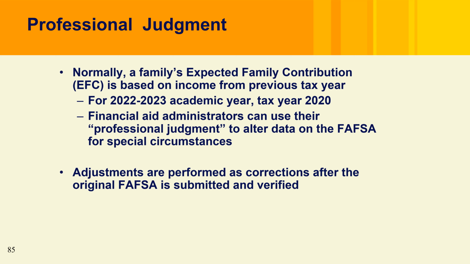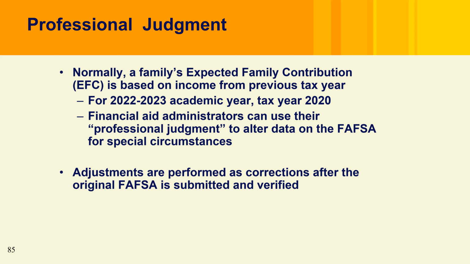Professional judgment: like I said, everything within the FAFSA used tax year 2020. Now, we understand as financial aid professionals and the Department of Education that 2020 was a couple years ago, so that is using old tax information. So if in fact your income has been reduced from 2020, be sure you contact the financial aid administrators at the college where you're attending and ask them for a professional judgment.